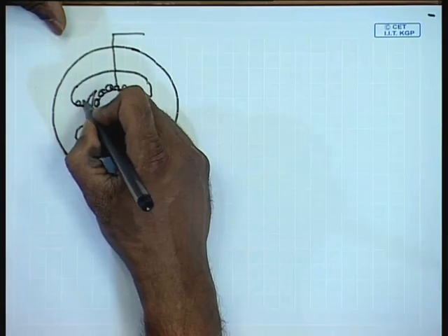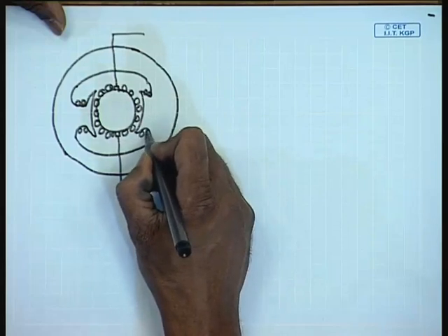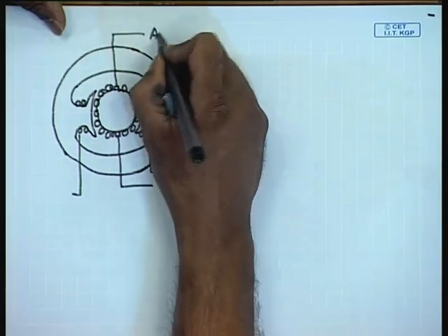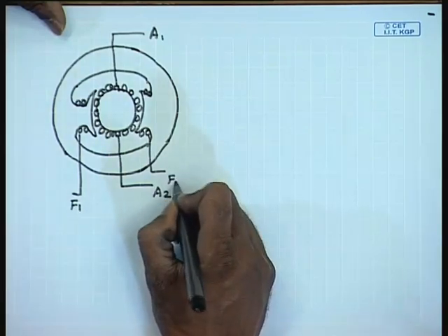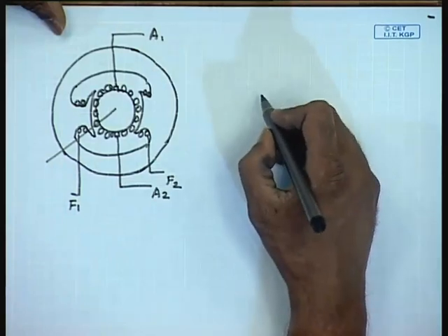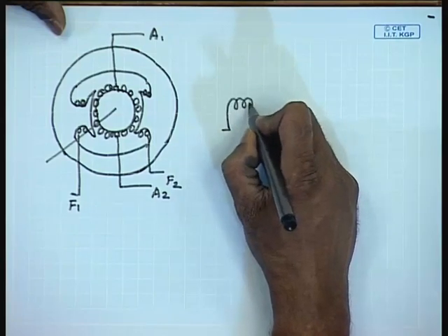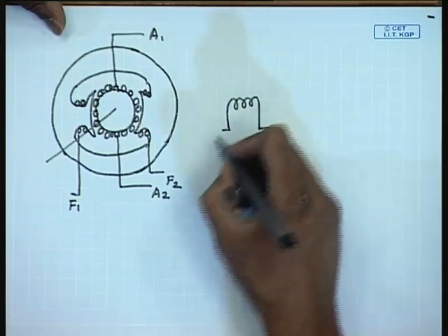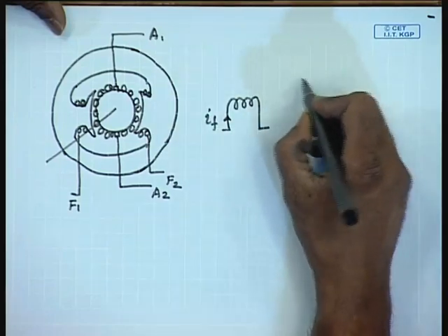You also have field winding. These are the field terminals. Schematically, this is the shaft. It can be represented as a field winding with the current IF, and the armature winding.